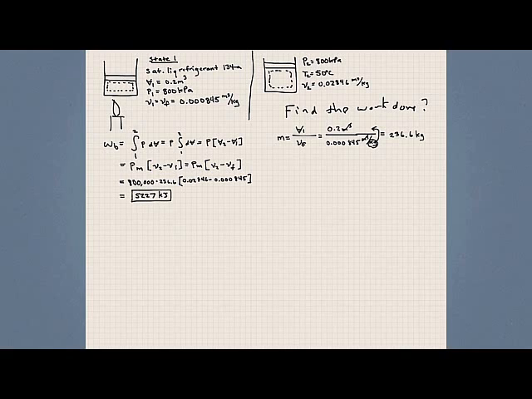Another thing to note is that positive means work is done by the system. So if work is done by the system, we use a positive sign.